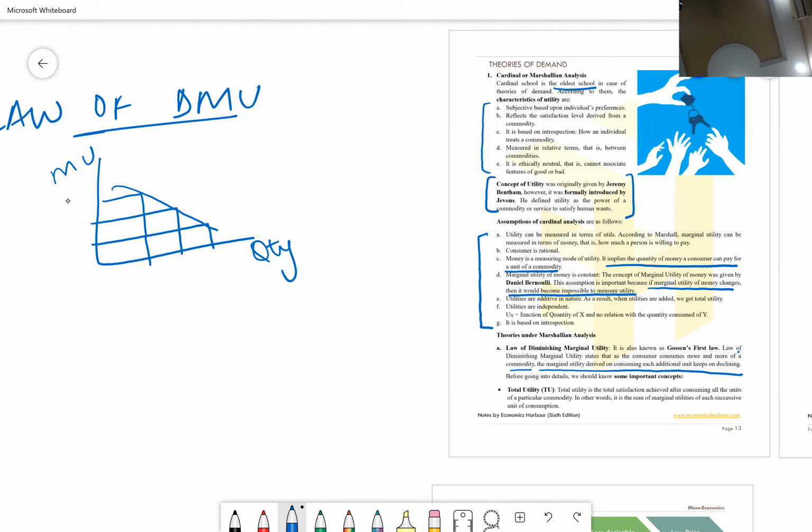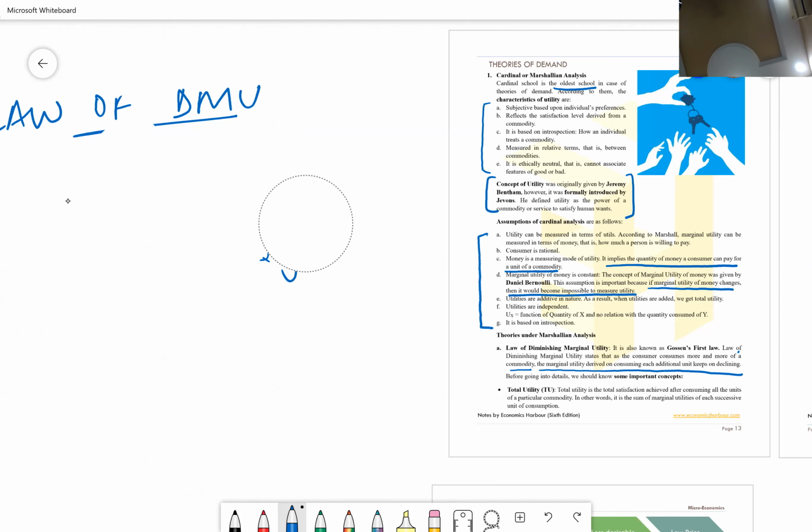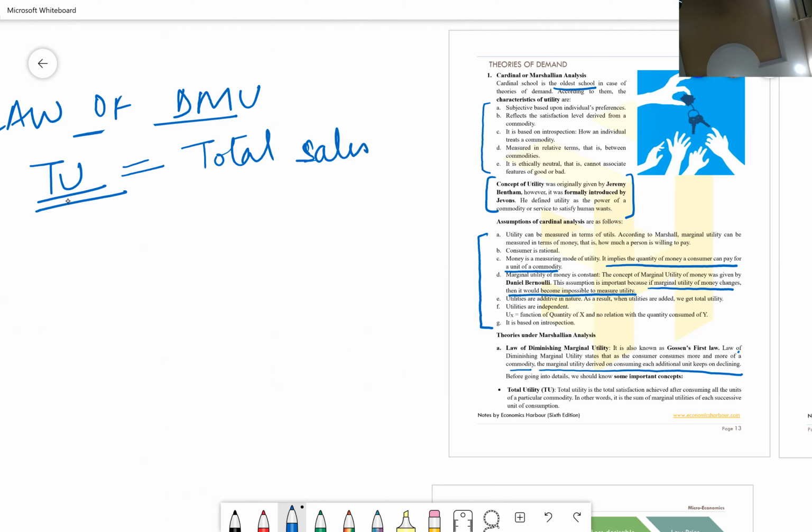So this brings us to a few concepts which are very important in understanding the law of DMU. First is the total utility. Now, total utility is the total satisfaction which is achieved after consuming all the units of a commodity, right?